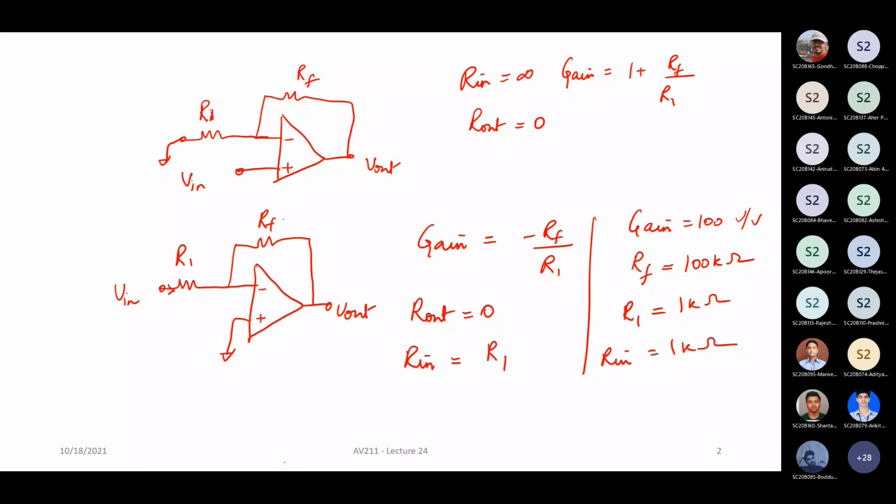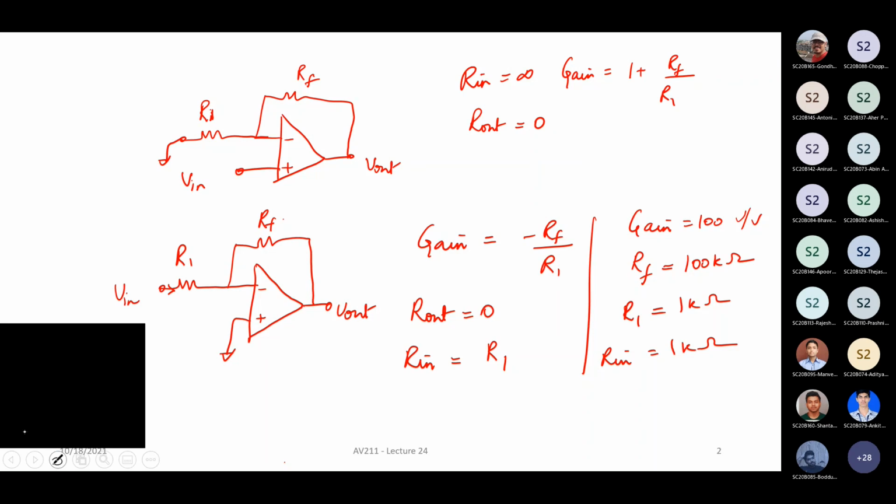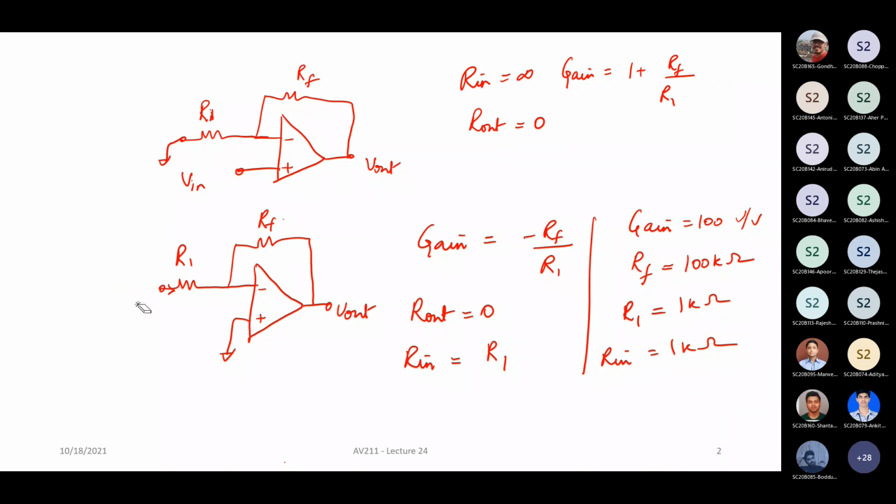So let's say you have a source which is a pretty bad source, which means its internal impedance is quite high. And if you have an input impedance of just 1 kilo ohm, you are going to lose a lot of signal, right? So if we model this to be some V source with some R source, let's say RS.